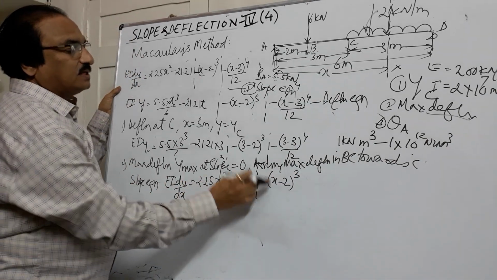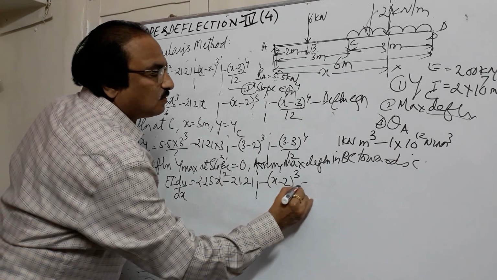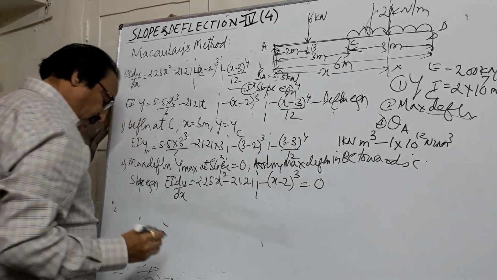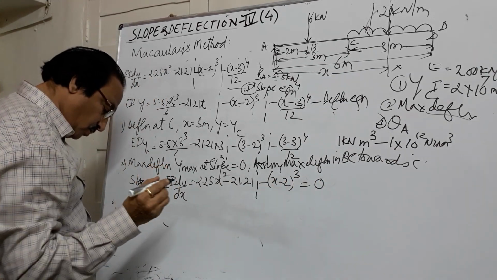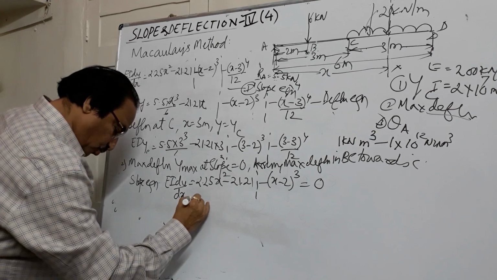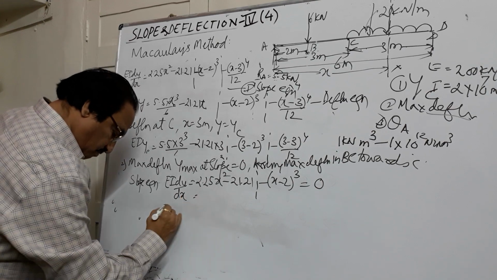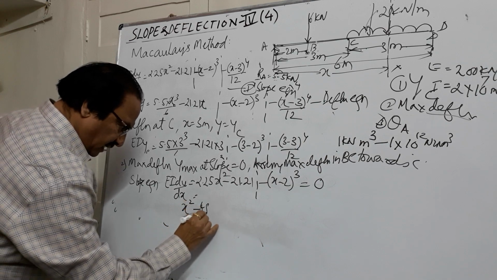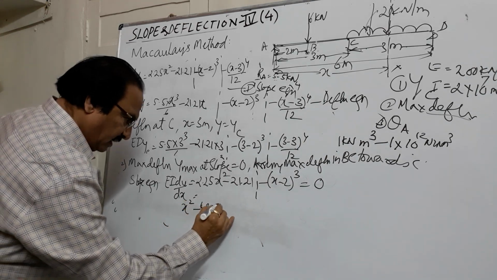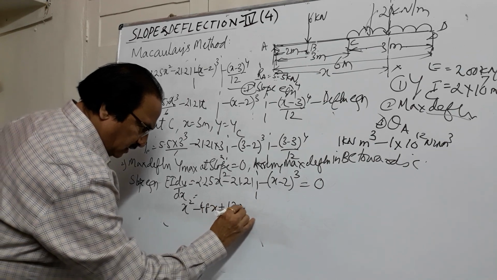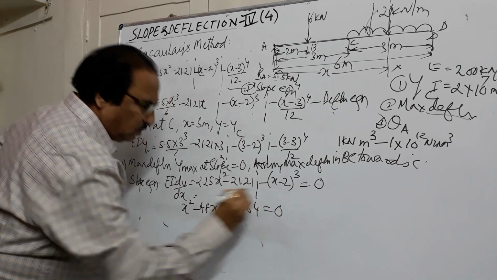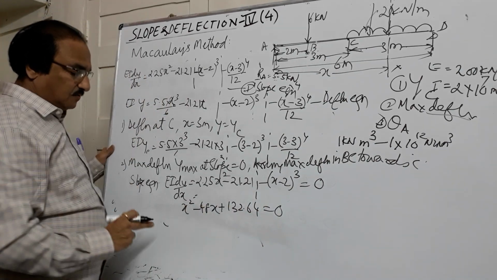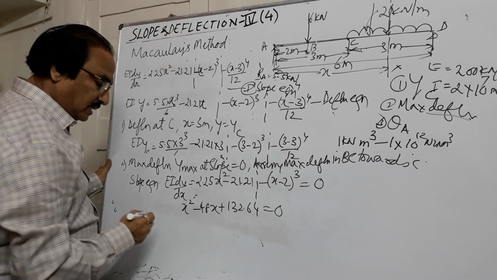AB, BC, we'll stop here. This must be equal to 0. So if I simplify this, you get x square minus 48x plus 132.64 is equal to 0. You get a quadratic equation. You'll have to solve this quadratic equation.